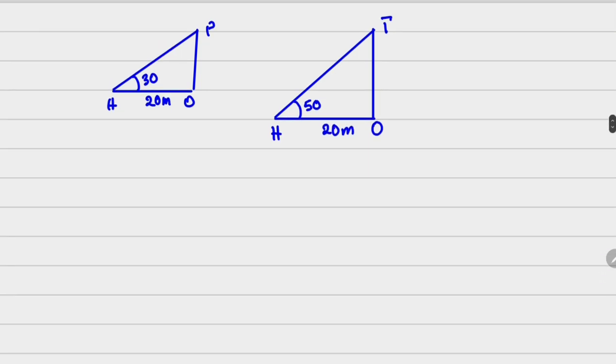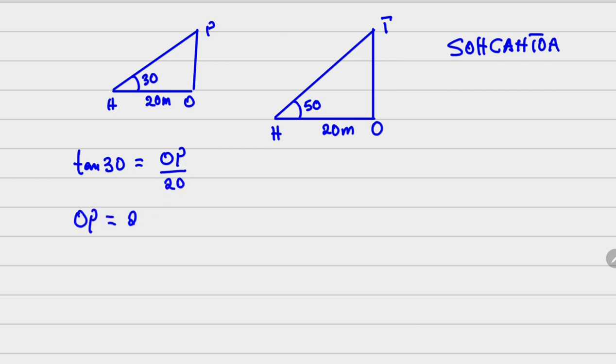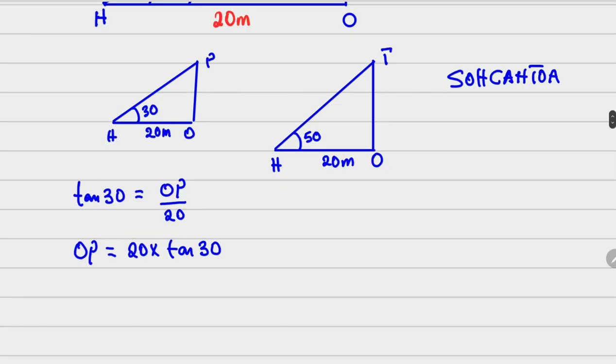Now, from the small triangle, when we use the knowledge of SOHCAHTOA, we will find out that tan 30 degrees equals OP over 20. So it means that OP is actually 20 times tan 30 degrees, and OP will be equal to 11.55 meters.